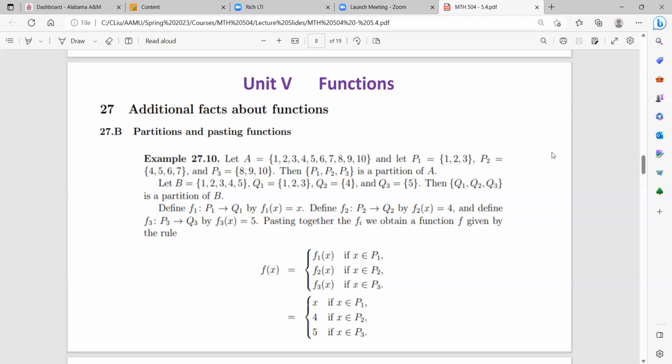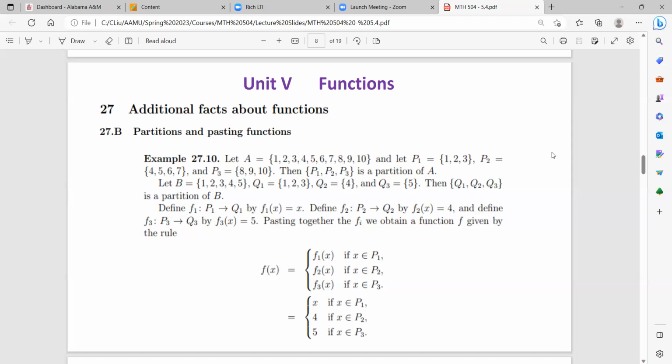In some cases, you may have a large set in the domain or a complicated function in a domain that you need to partition the domain as a set into subsets, and then you define an individual function on each subset of the domain. And correspondingly, you get a different codomain for each of those functions defined on the subsets of the domain.